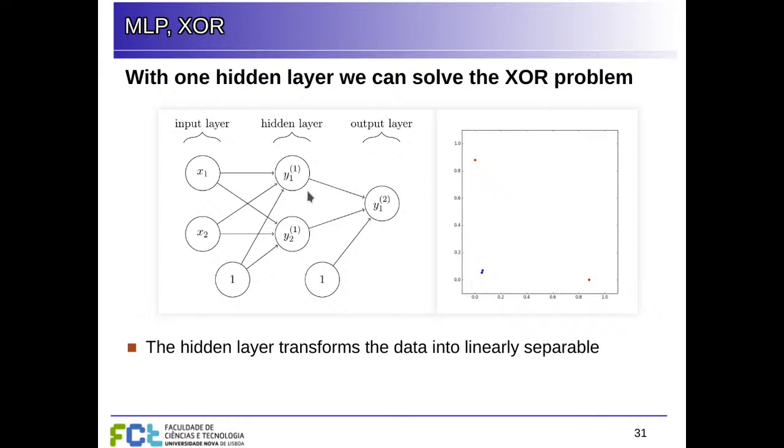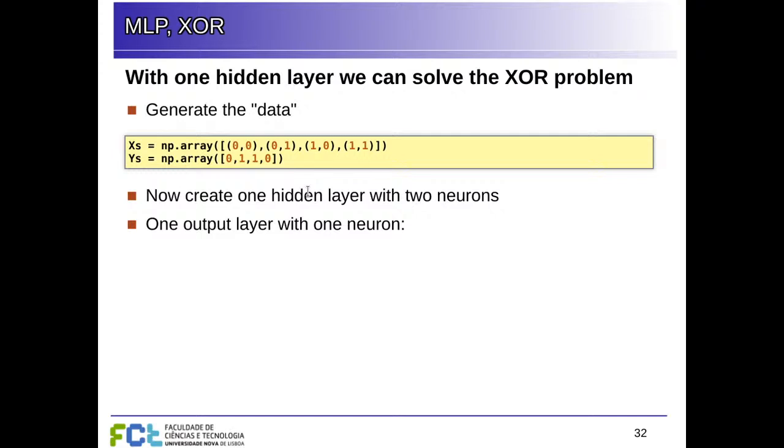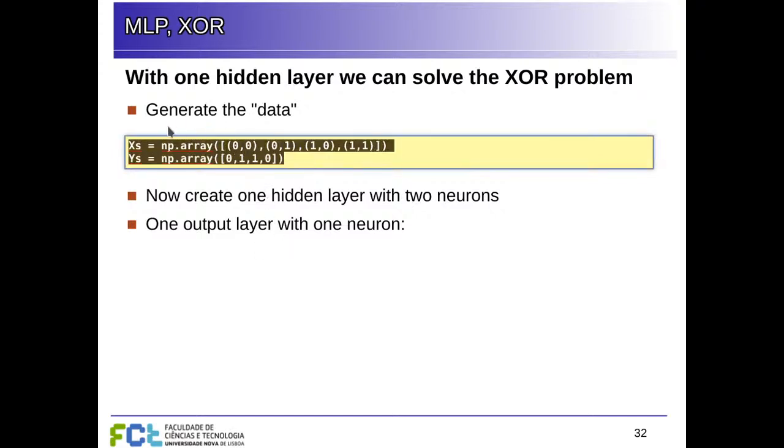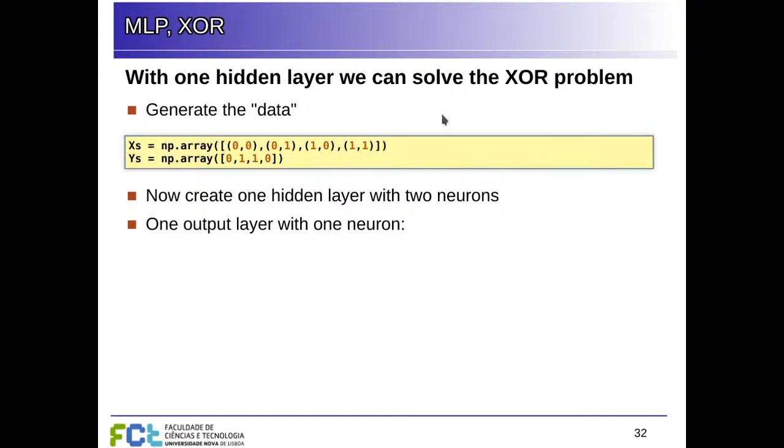Now, to do this, you're going to have to change the prediction function, and the variables that you're going to use in order to add this additional hidden layer. And now, to generate the data, you'll just use the exclusive OR function, the truth table for the exclusive OR.